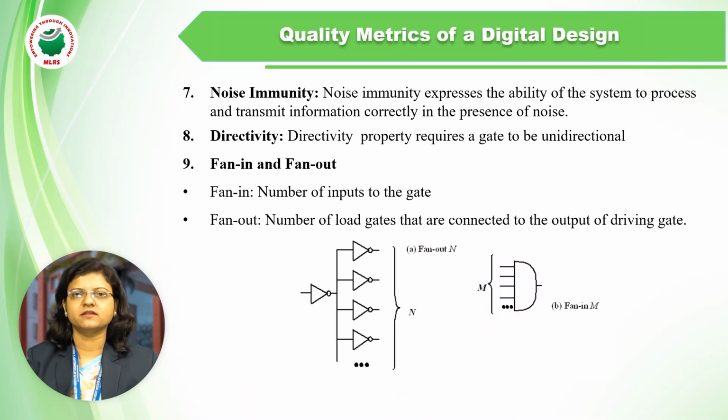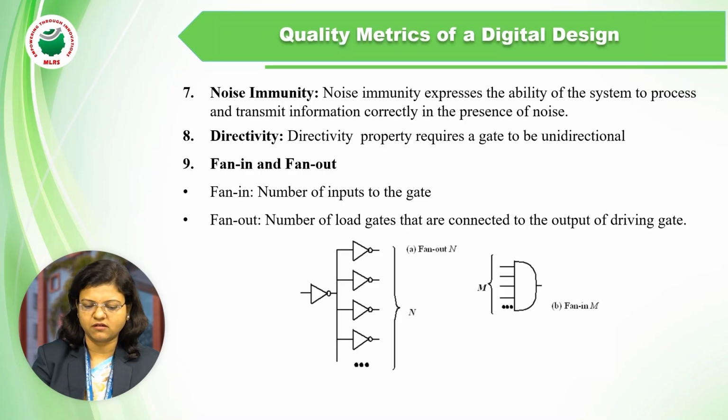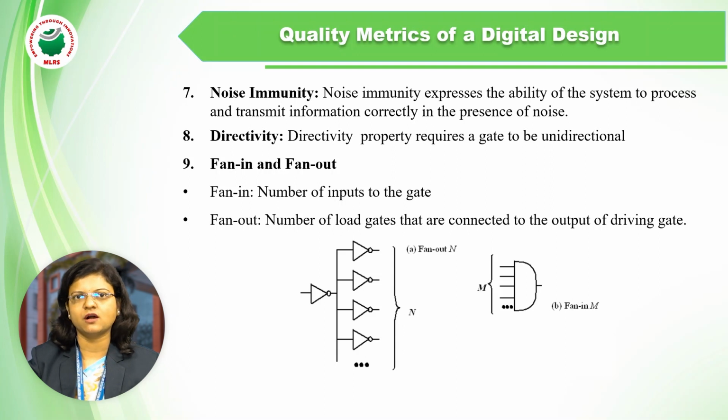Then another parameter is noise immunity. Noise immunity is how the system will withstand the presence of noise. It expresses the ability of the system to process and transmit data or information correctly in the presence of noise as well. It indicates how immune the system is to noise.